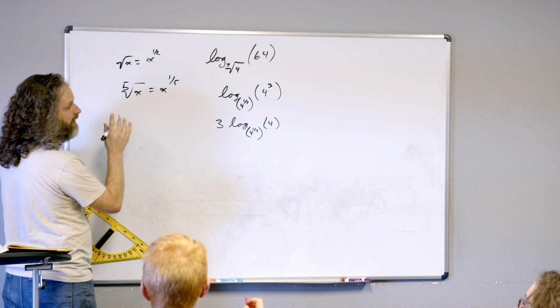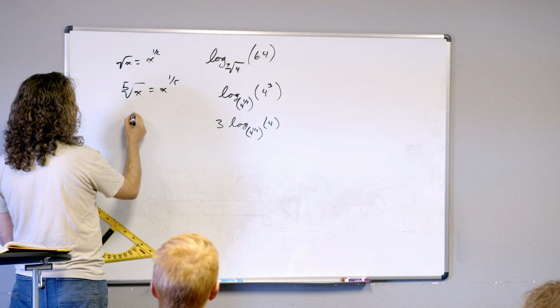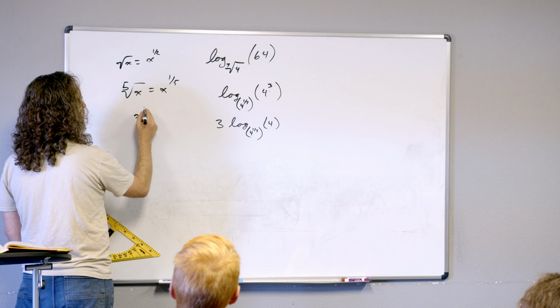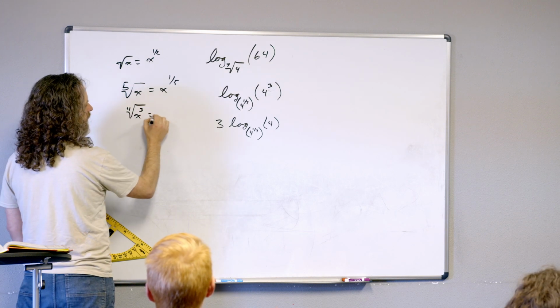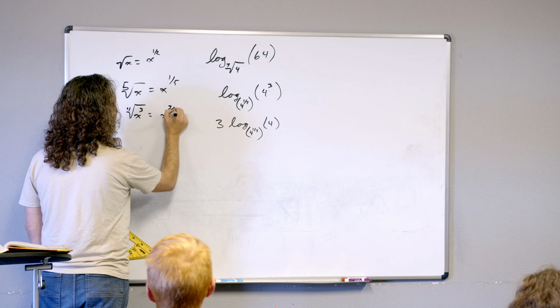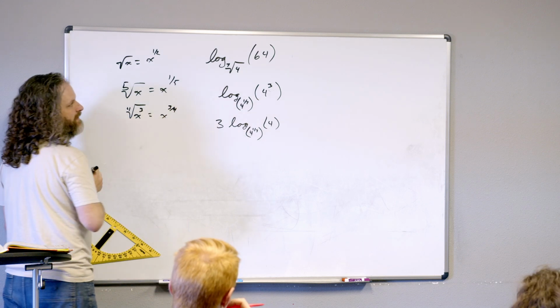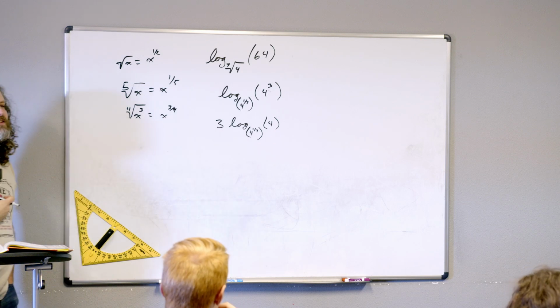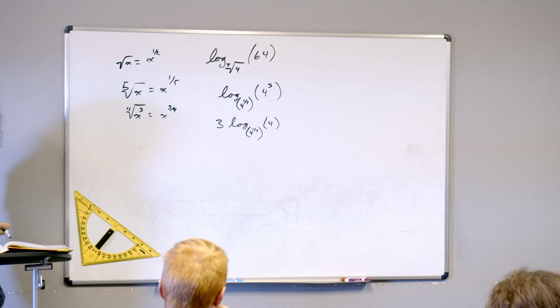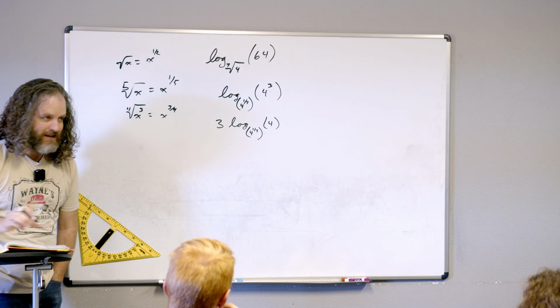If we have x cubed and then the 4th root of that, that's x to the 3/4. So the 7th root of 4 is the same as 4 to the 1/7. That's the math magic we're doing. Mathemagics.